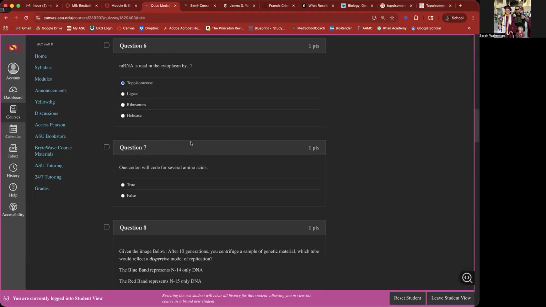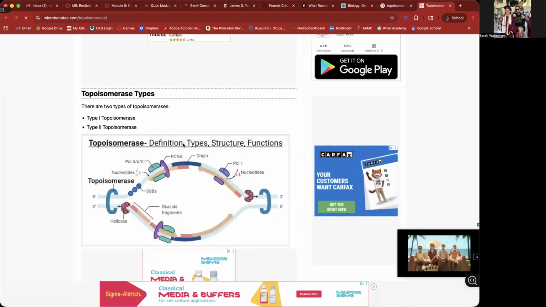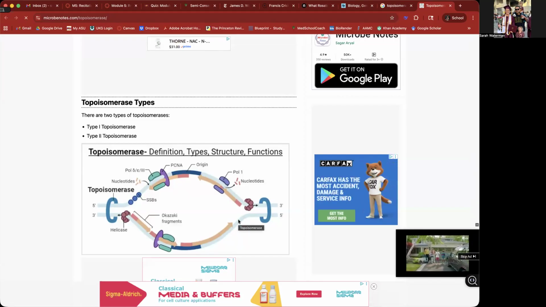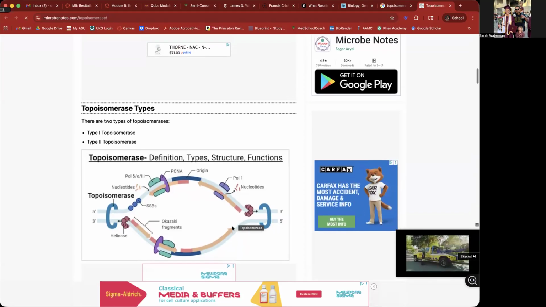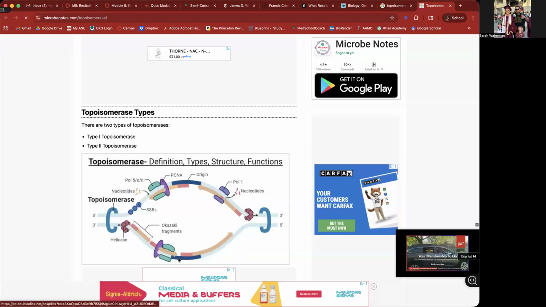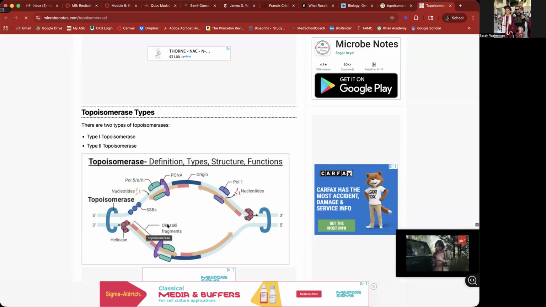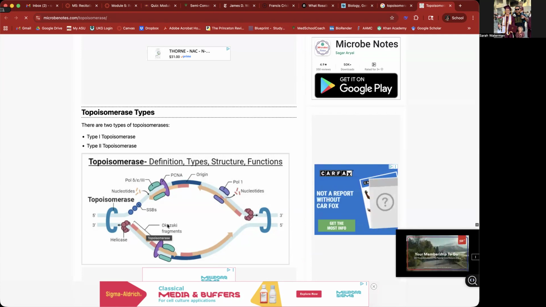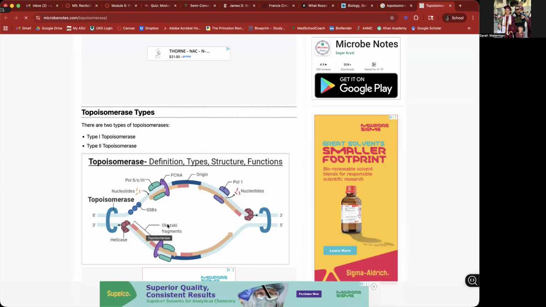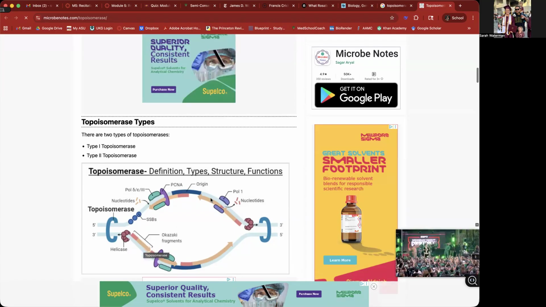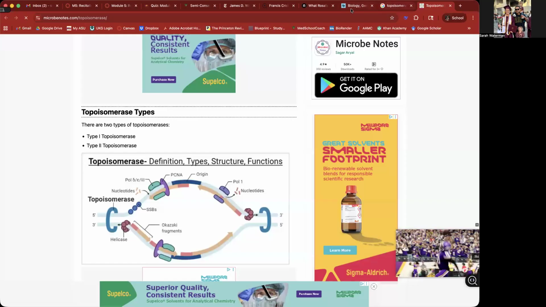And ligase is what helps keep this together. Ligase is what will glue some of these things together. It's used in replication and repair, doing the Okazaki fragments, getting these fragments together. So that's what ligase will do.